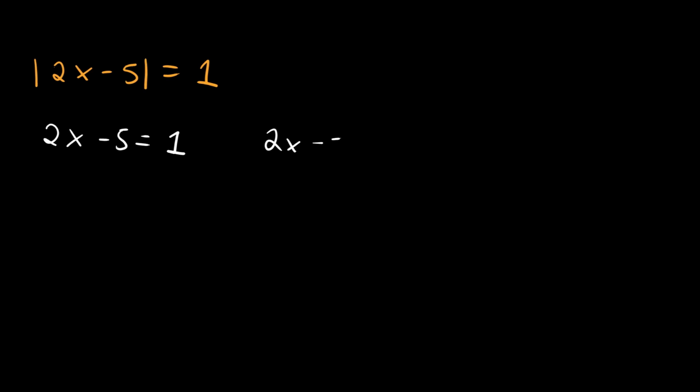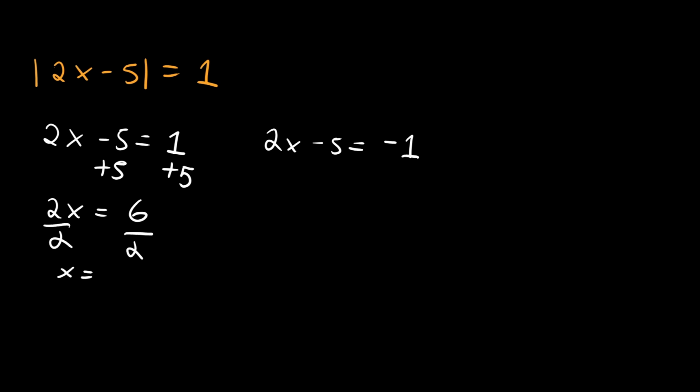Alright, here's another example. Absolute value of 2x minus 5 equals 1. Alright, so let's go ahead and write 2x minus 5 equals 1 and 2x minus 5 equals negative 1. Let's do the first one. Plus 5, plus 5. 2x equals 6, divided by 2. x is equal to 3.